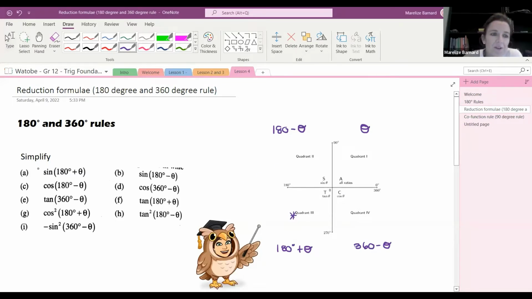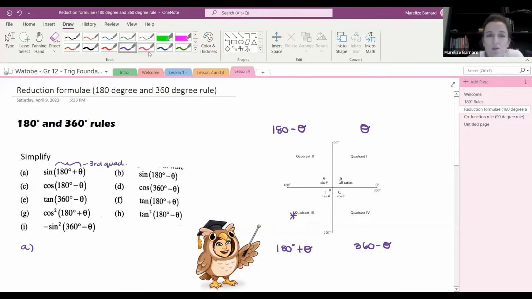Okay, so let's start here with question A. What is sine of 180 plus theta? So I'm going to do the first one just to get us going. Sine of 180 plus, this 180 plus indicates that it's in the third quadrant.